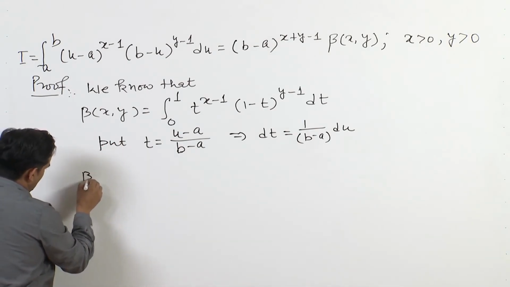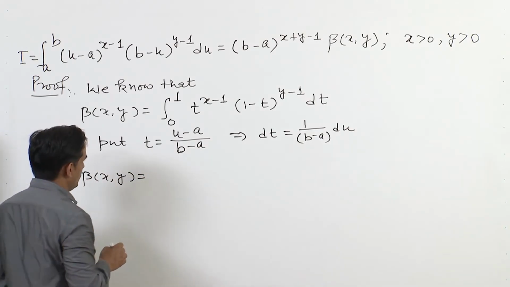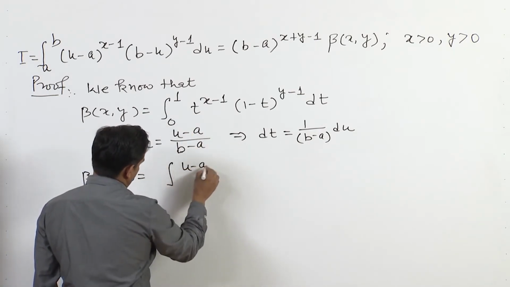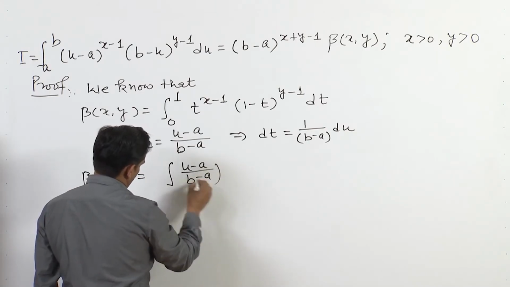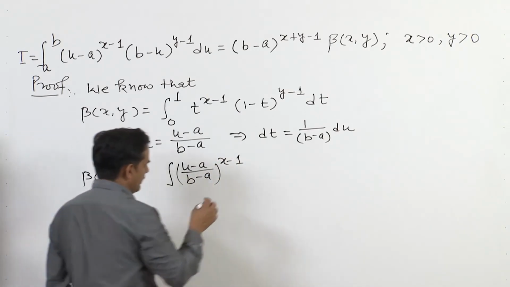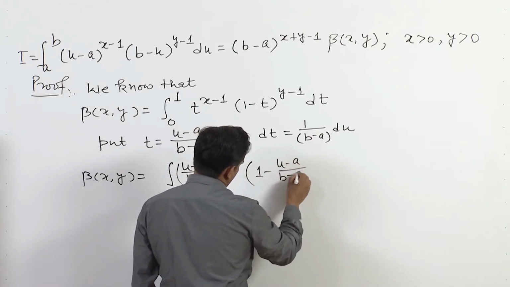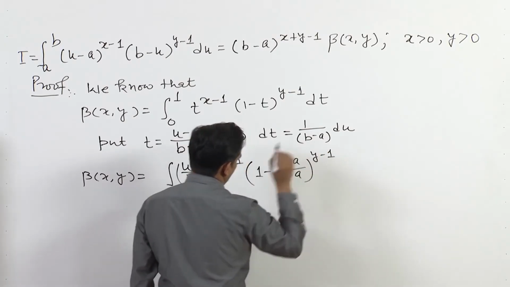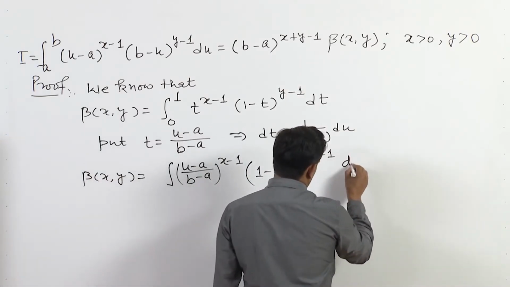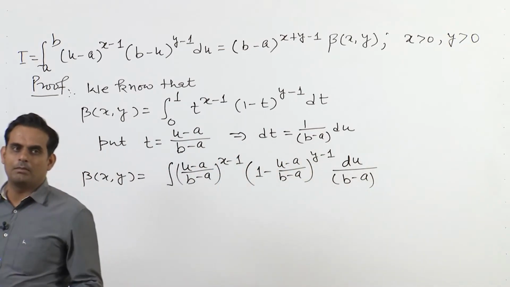So from here I can write beta x y equals, with t as (u minus a) upon (b minus a), raised to power x minus 1, then (1 minus (u minus a) upon (b minus a)) raised to power y minus 1, and dt is du upon (b minus a).